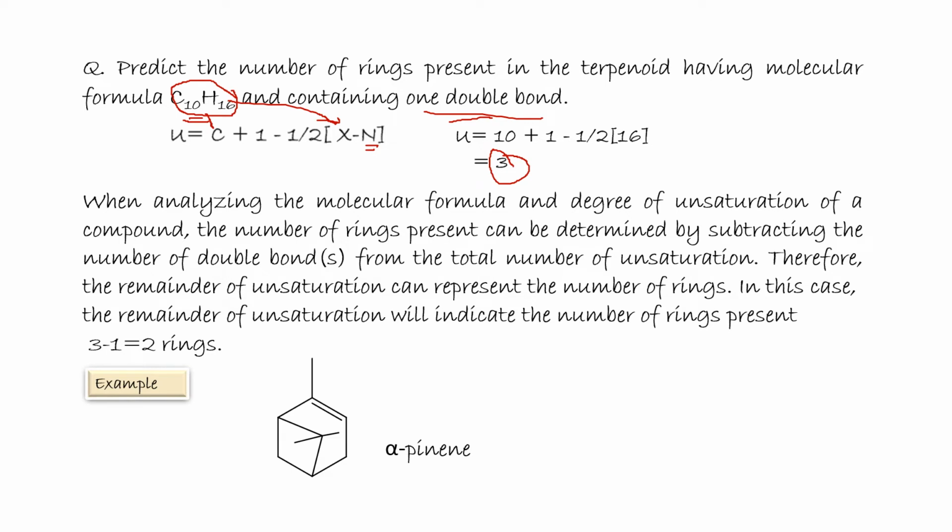Well, it contains one double bond, so it has to be one double bond and 2 rings, like the one we have in here. Alpha pinene has one double bond and it contains 2 rings. That's a bicyclic monoterpene.